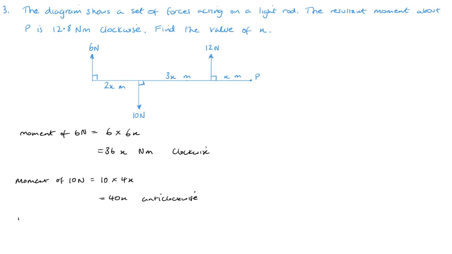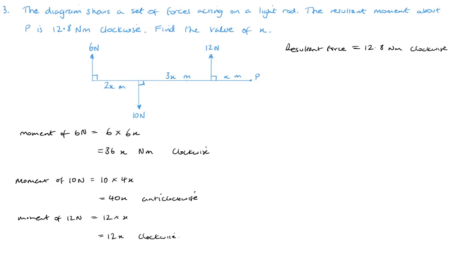And then finally, the moment of the 12 Newton force, so it's 12 times x, so this is 12x, and this direction is going to be clockwise. Now, the resultant moment is equal to 12.8 Newton meters, and this is clockwise.